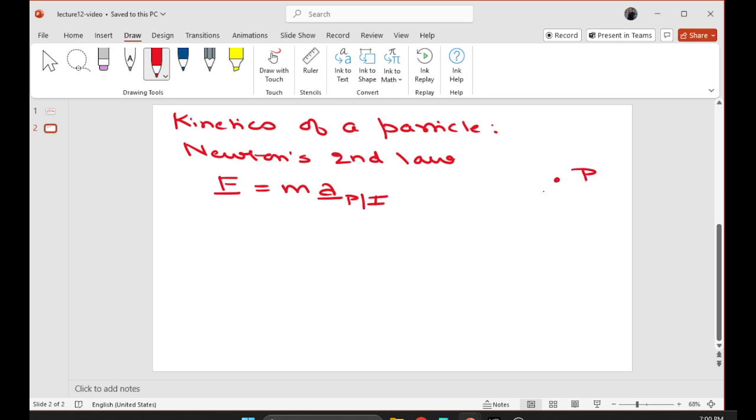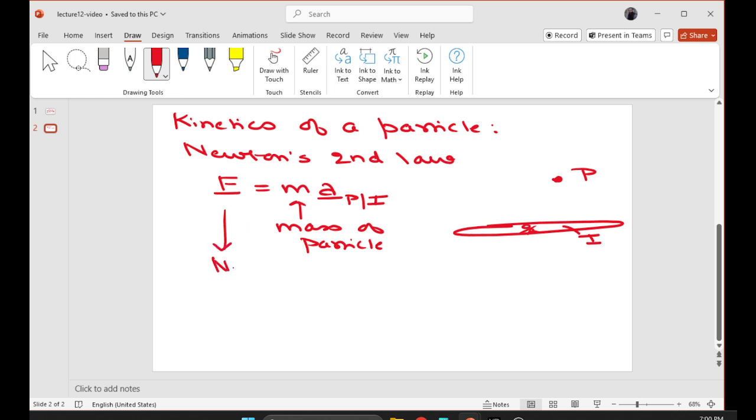Here, the particle of interest is P. I have an inertial reference frame I. a_P^I is the acceleration of this particle with respect to the frame I. Mass m is the mass of the particle, and F is the net external force acting on the particle.